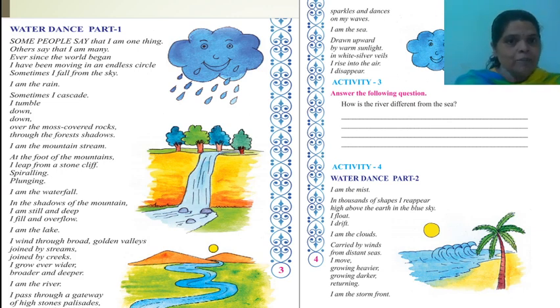First stanza में क्या बोलता है? Ever since the world began, I have been moving in an endless circle. And in the last stanza क्या बोलता है? I am one thing and I am many things. I am water. This is my dance through our world. So यही है मेरा डांस. पूरी वर्ल्ड में मैं ऐसे ही मूव करता रहता हूँ as an endless circle. मेरा कोई एंड नहीं है. I am an endless circle. So I am one and I am many things.